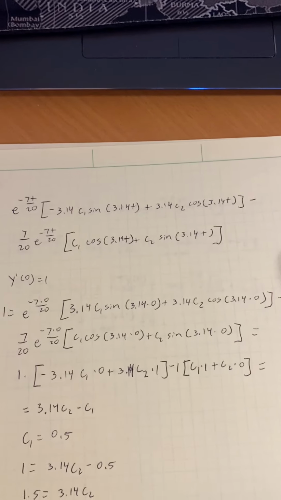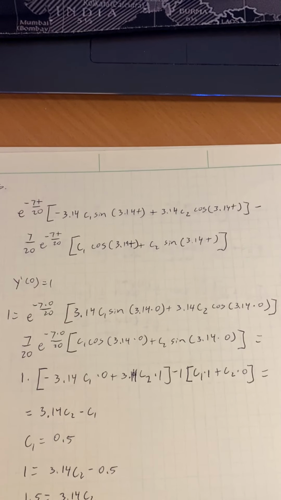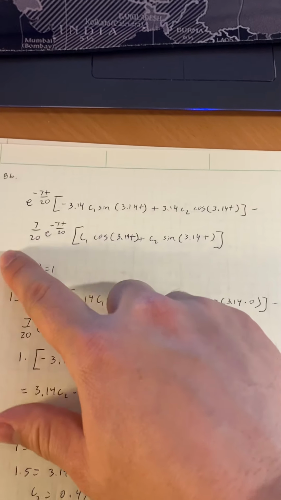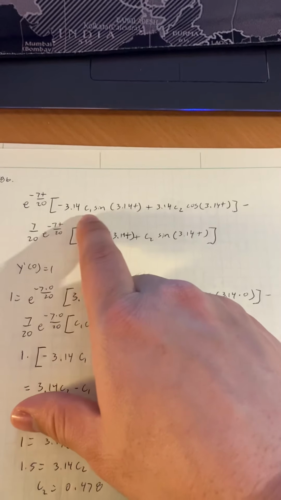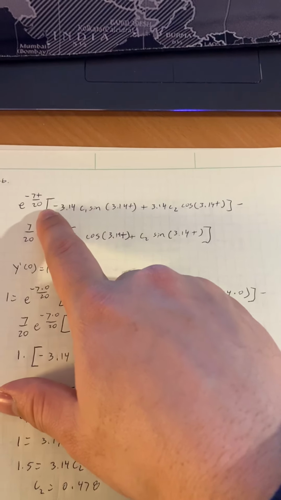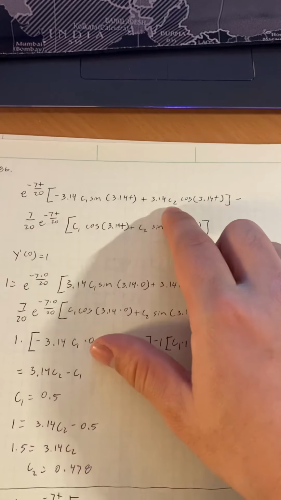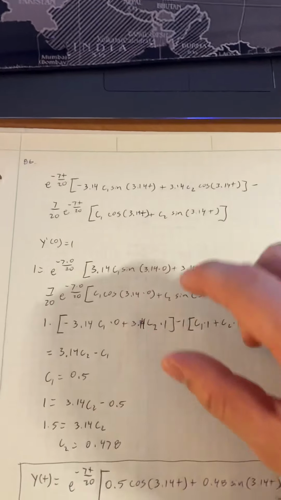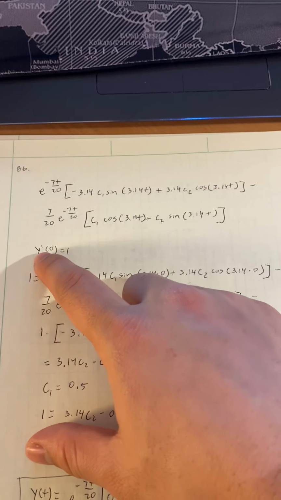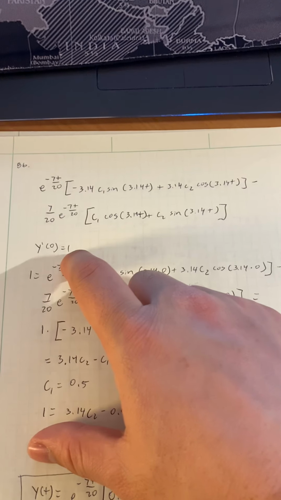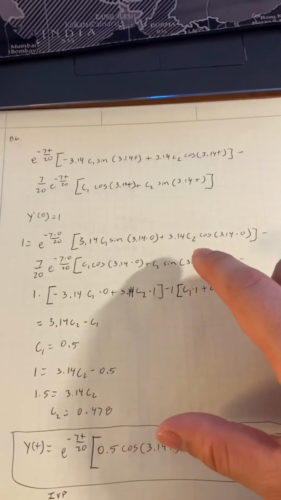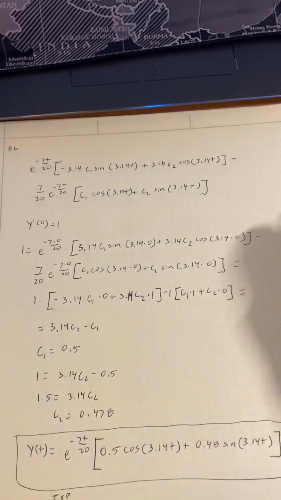I'm getting a little redundant, so I'll just let you take a look here. The exponent goes down towards the front, and this comes out negative because it went from cosine to sine, and there's a negative in front there. As you can see, this stays positive because it's sine and cosine. Now after that, we can plug in the initial condition of y prime of 0 is equal to 1. That's what they gave us.